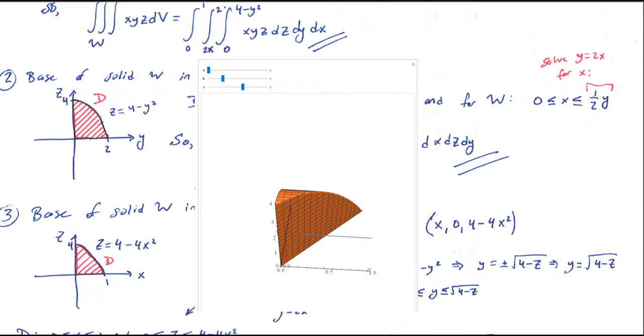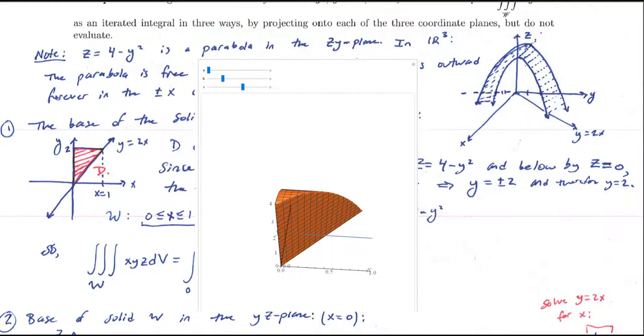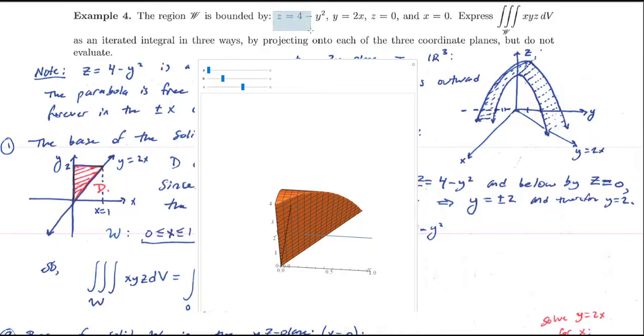And then if we know what the z value is on that portion of the surface here, the very upper z value has to be 4 minus 4x squared, because the equation of this upper boundary is z equals 4 minus y squared.